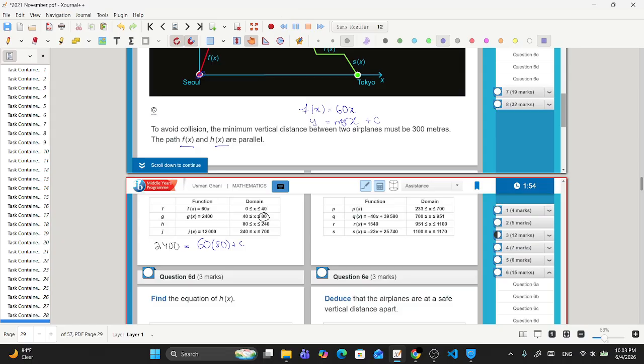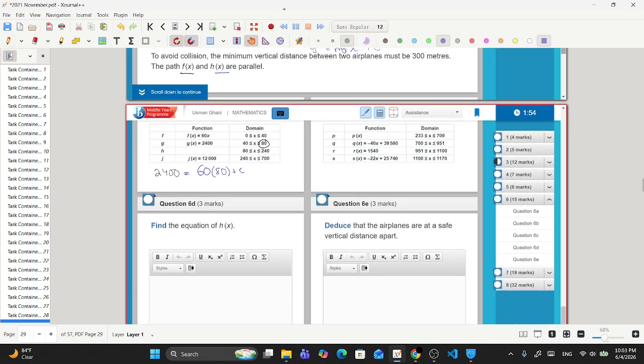So simply, you all can write the equation in this way. h of x equals 60x minus 2400, right? This can be solved. So this is going to be the correct answer. You don't have to solve that question. You just have to find the equation.